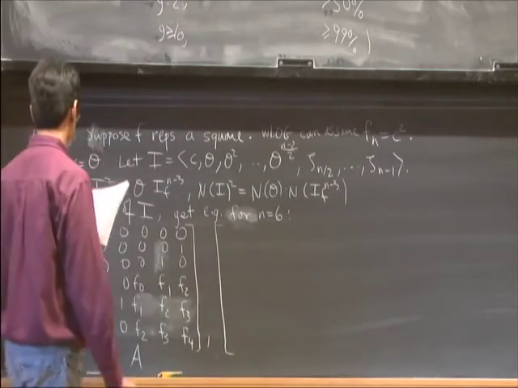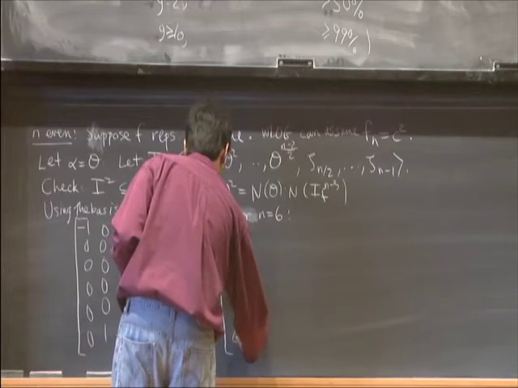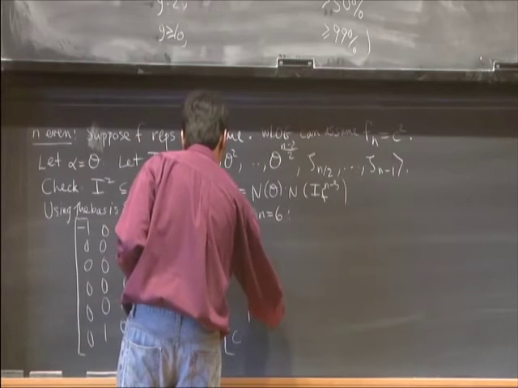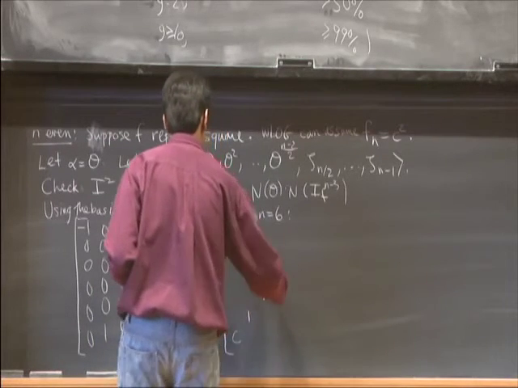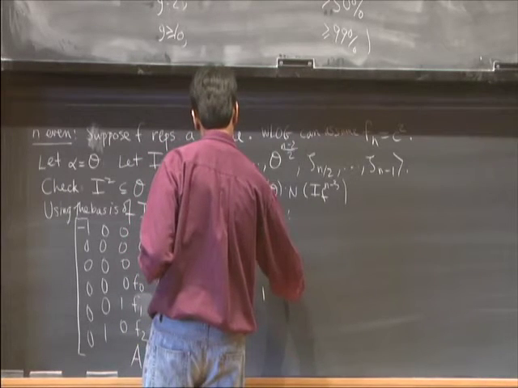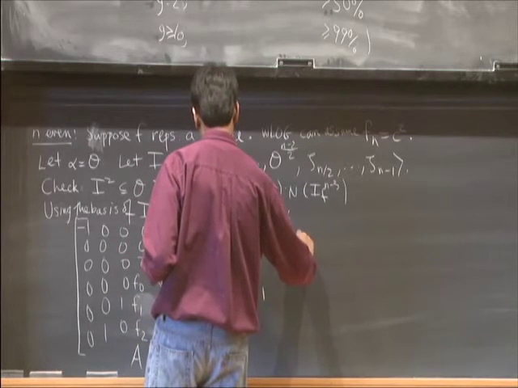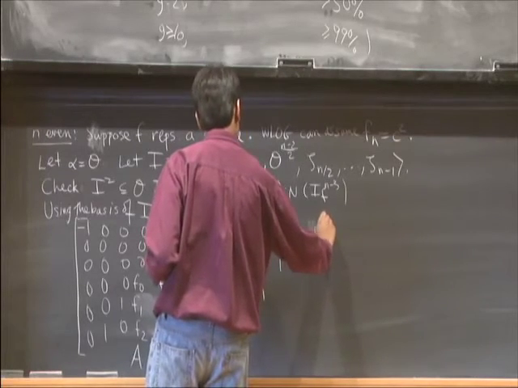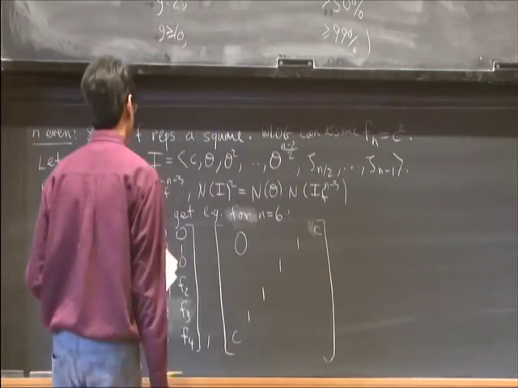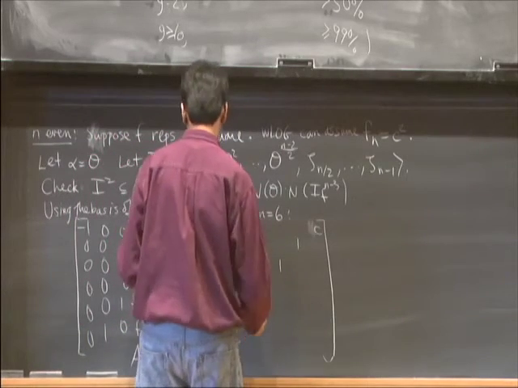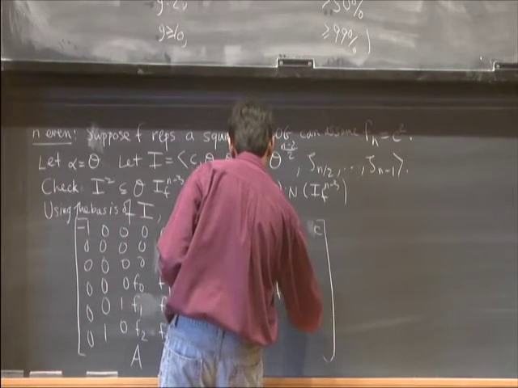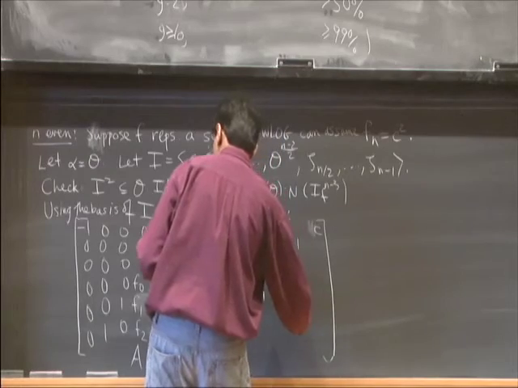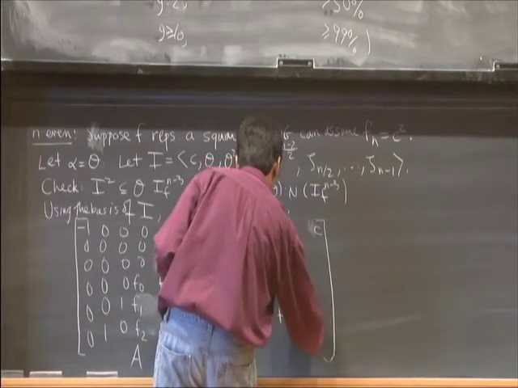And B is similarly sparse. But here's the key: everything's 0 up here. 1, c. So you get an f1 here, f2 here, f2, f3.